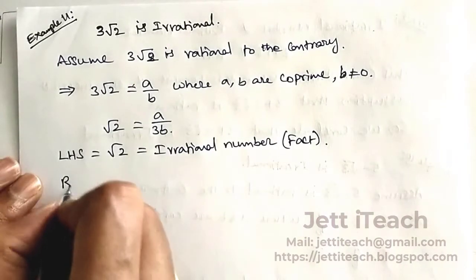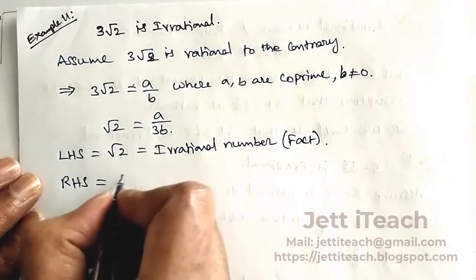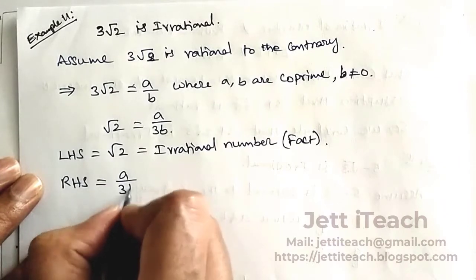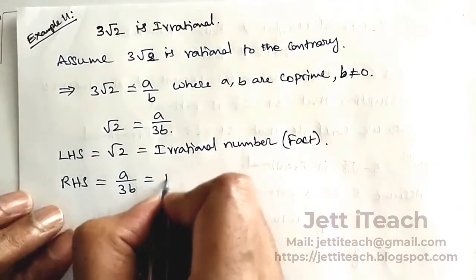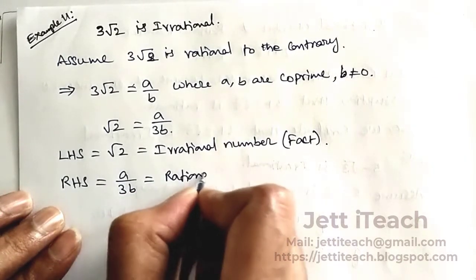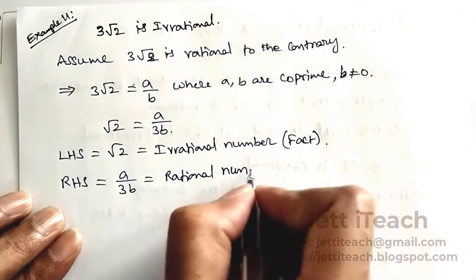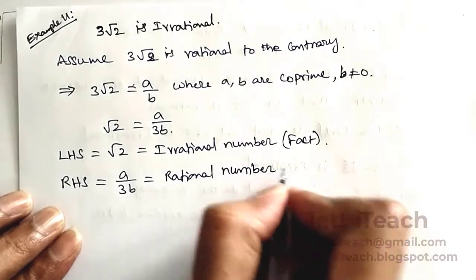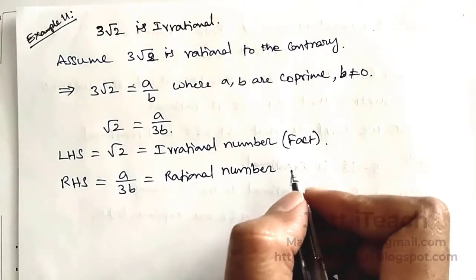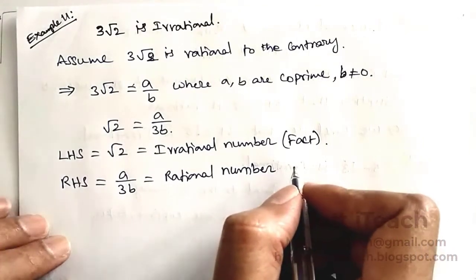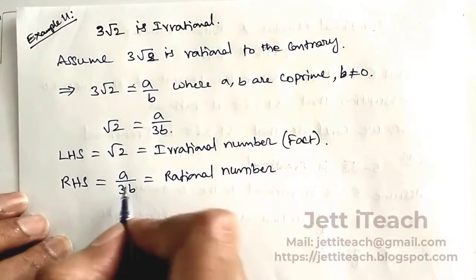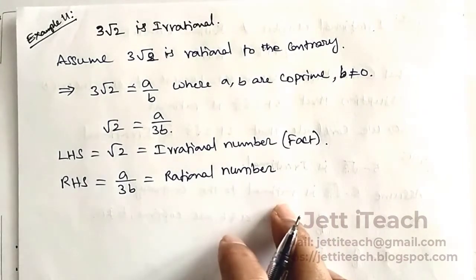You can have a look at RHS. A by 3b, it is a rational number. Why is it a rational number? These are all integers, so it is a rational number.